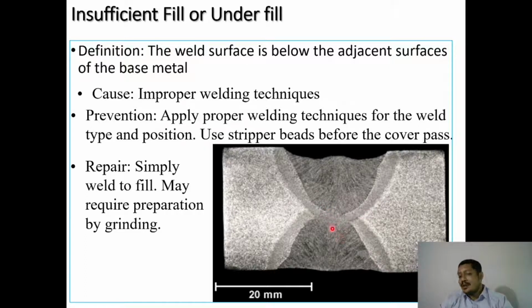Since this is already welded on the top and already welded on the bottom, if you want metal to be deposited again, you have to cut these areas so that this area will get penetrated. So again it is a rework. This is what I told you: repair or rework cost is 10 times higher than that of making a proper welded job. So these kinds of flaws you have to avoid in the weld.